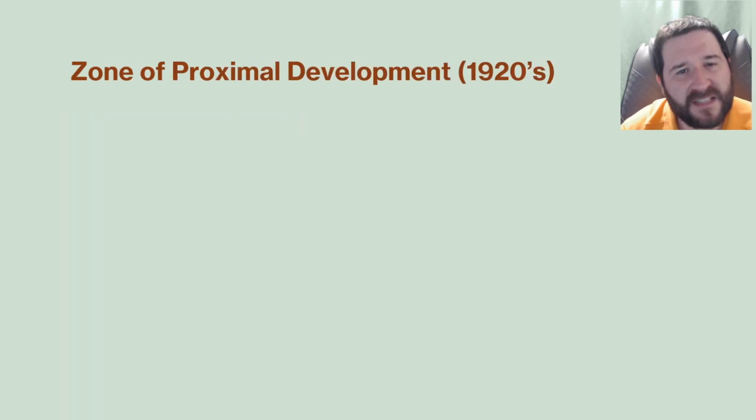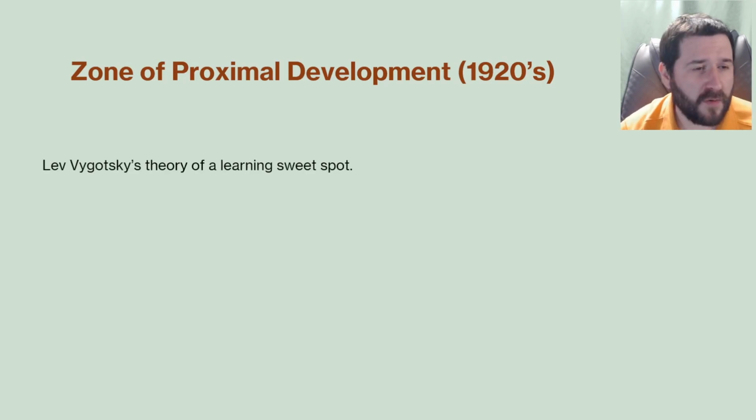Now, this idea of scaffolding actually comes from another theory in education called the zone of proximal development. This one dates back to the 1920s, first proposed by a Russian scholar by the name of Lev Vygotsky, and he essentially proposed this theory as an idea of a learning sweet spot.